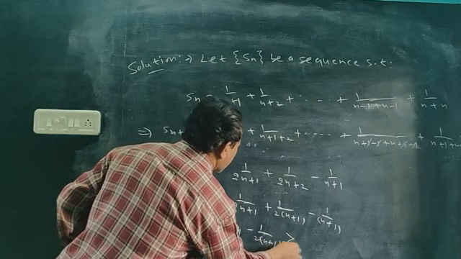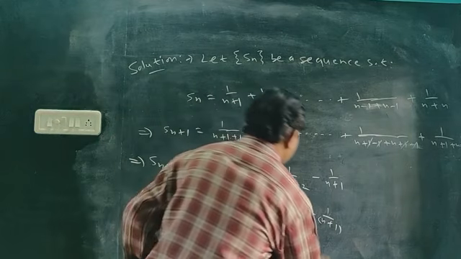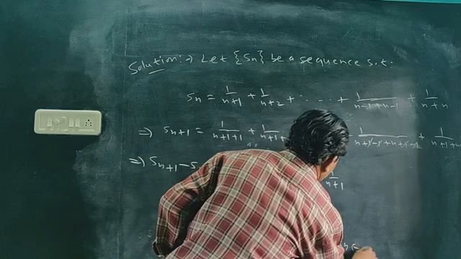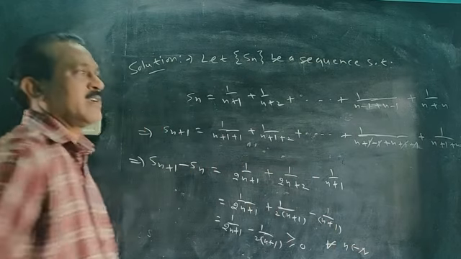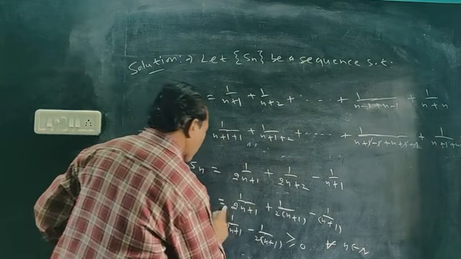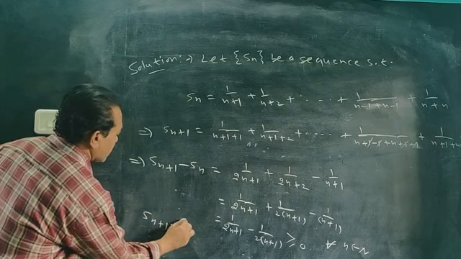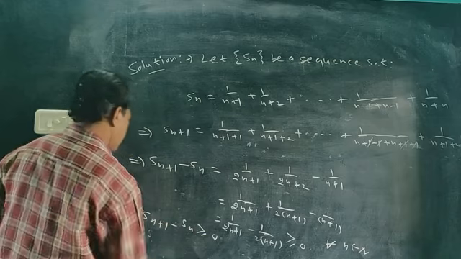That is clearly positive. This value will be positive for all natural numbers. If you calculate, it can be positive. So Sn plus 1 minus Sn will be greater than 0.